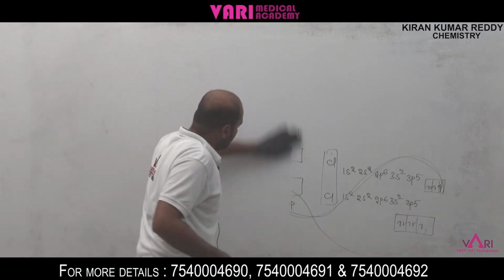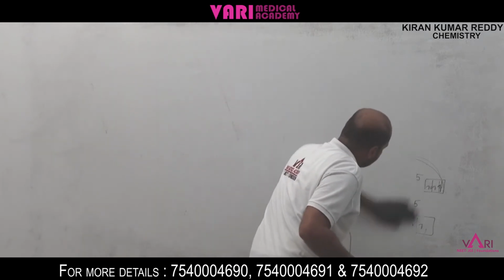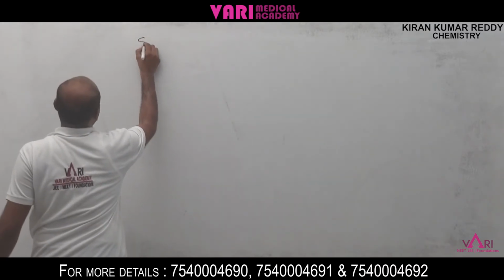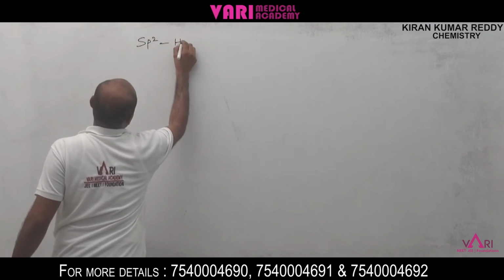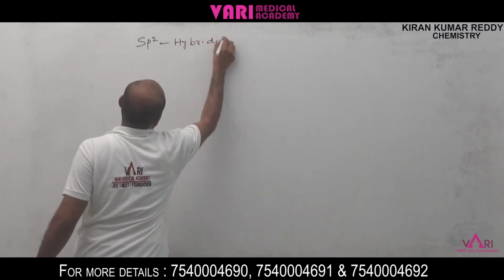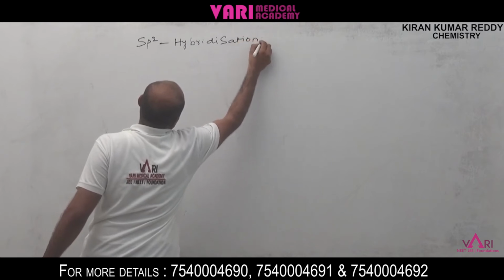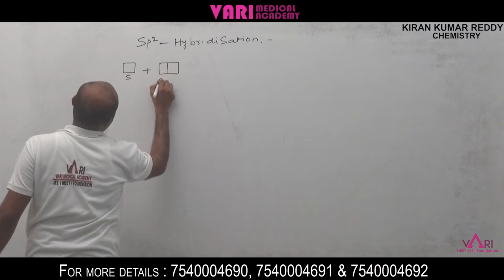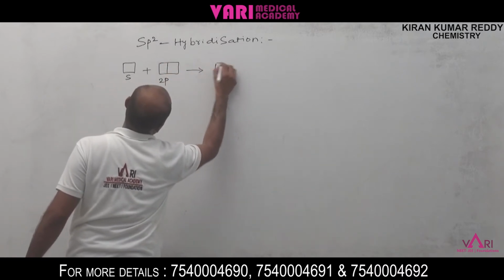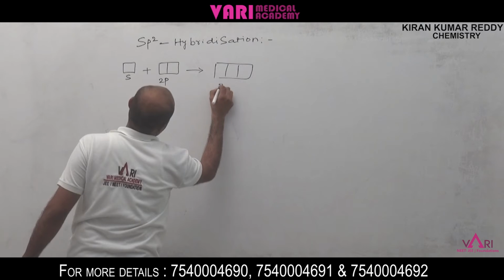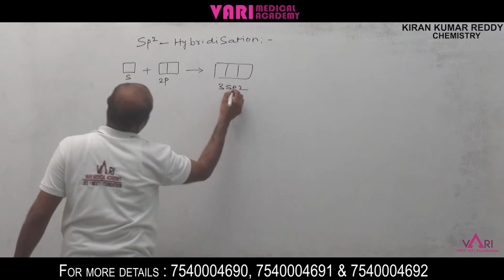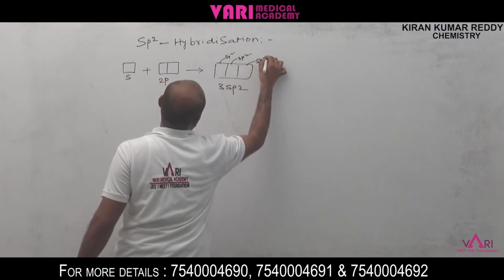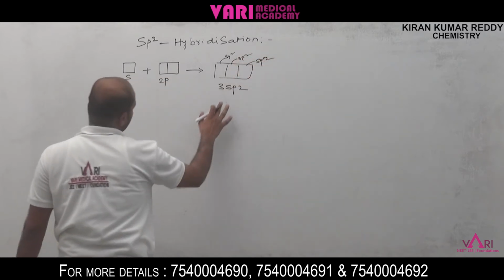One s orbital and two p orbitals intermix to form three sp2 orbitals. This one is sp2, this one is also sp2, and this one also sp2. Now three sp2 orbitals are formed.